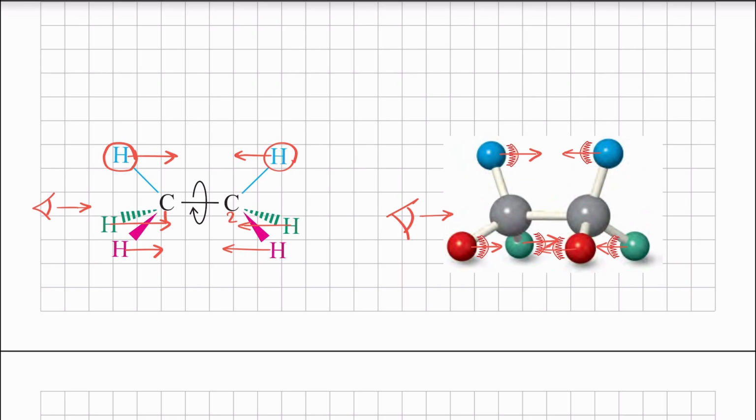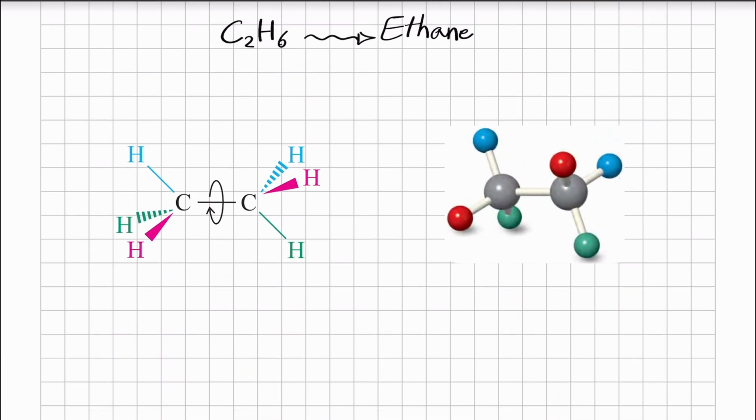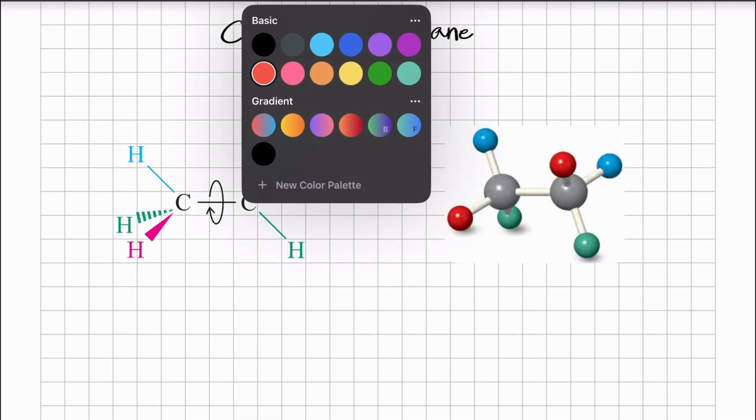So now we know that for ethane molecule, we have two different arrangements. Actually, to make it easier to refer to these shapes, we want to give them some names.